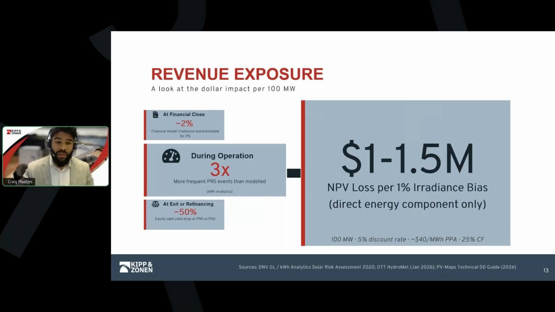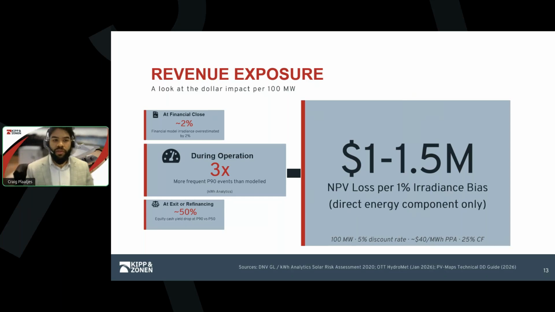Now we could go a step further and layer in asset valuation effects. If we take a discounted cash flow model built on 5 or 10 years of performance history that has a systematic irradiance bias embedded in it, it produces a valuation that does not reflect the plant's true productive capacity. And that will correct itself at refinancing or at exit or at the next technical due diligence, but somebody will bear that cost.